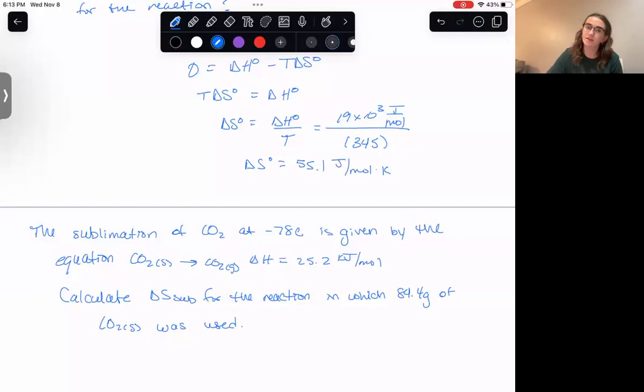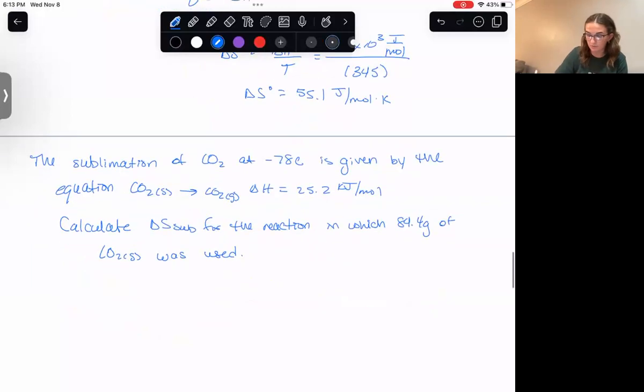And so what is that called? A what change? We're changing what about our system? Yep, we're doing a phase change, right? So sublimation is a phase change. What do we know about phase changes in terms of equilibrium? Are they at equilibrium for phase changes?